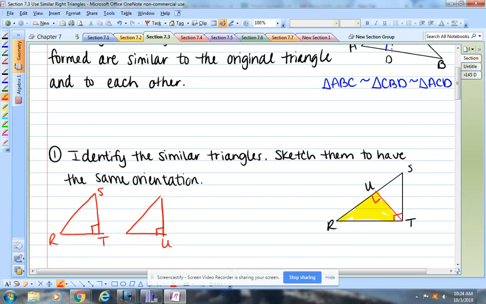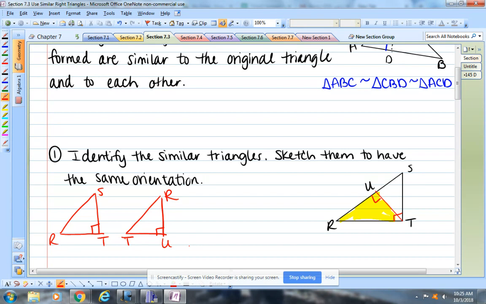Does that make sense? So if I do that, what vertex goes right here at the bottom left? T. And so that means the top one will be what? S is not in that triangle. All right. Okay, do y'all see that? It's like I take this triangle and I rotate it around and put the right angle right here.